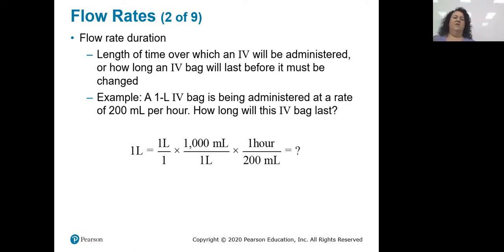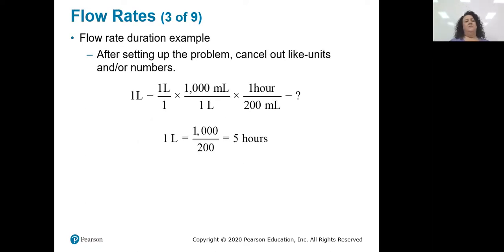And they're asking the question, how long will this IV bag last? You see they've got the beginnings of an equation worked out there. This is example 21.6 there on page 326, if you're trying to follow the slides.